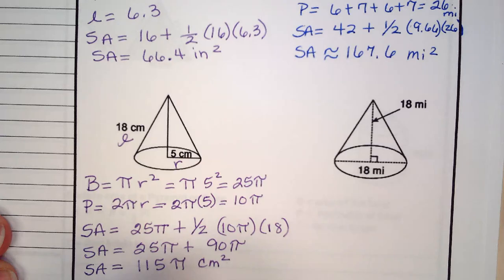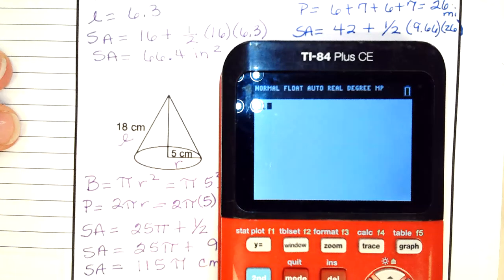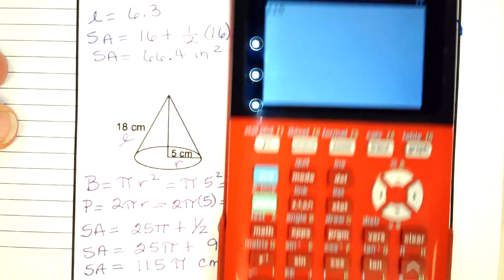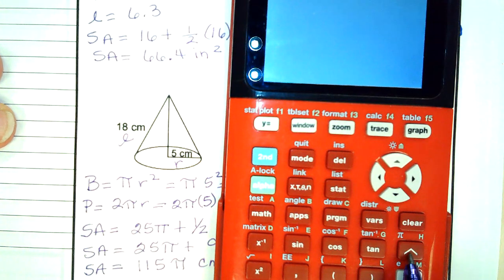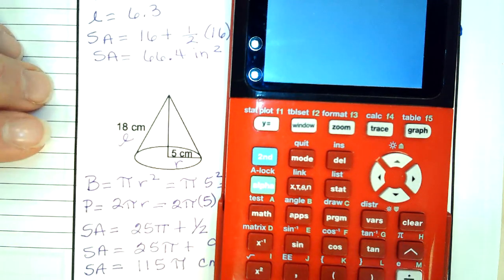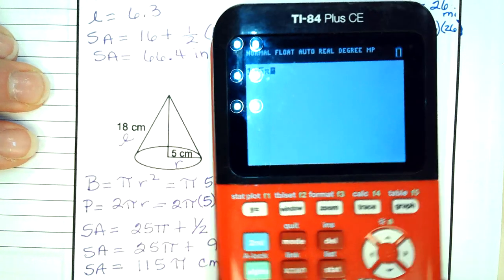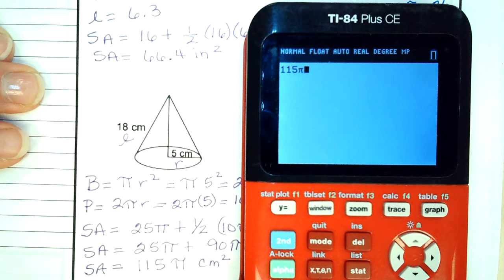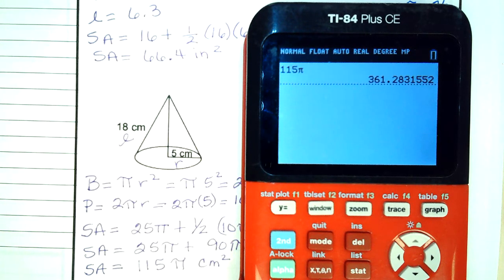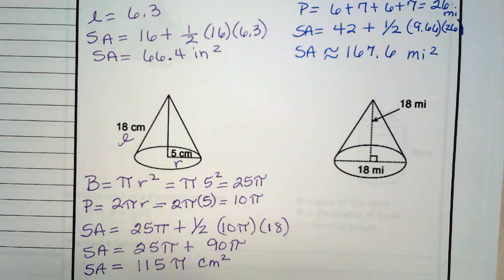My surface area is approximately, so I'm going to type in 115 pi. Your pi button is right here above your caret in blue, so I hit my second, that upside down caret, and I get 115 pi, which is approximately 361.3 centimeters squared.